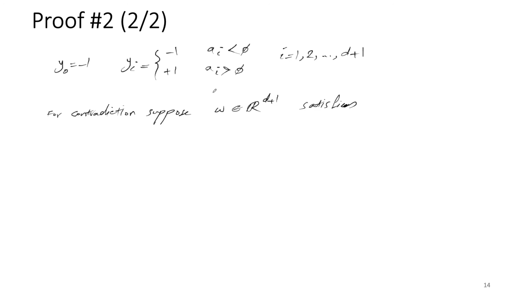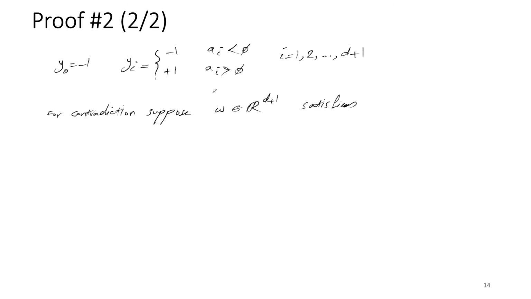Okay. Let's consider one of the cases. Suppose your true label y0 was minus 1, and you were considering plus 1 and minus 1, right? So for ai smaller than 0, it would be minus 1. For ai bigger than 0, it was plus 1, right?